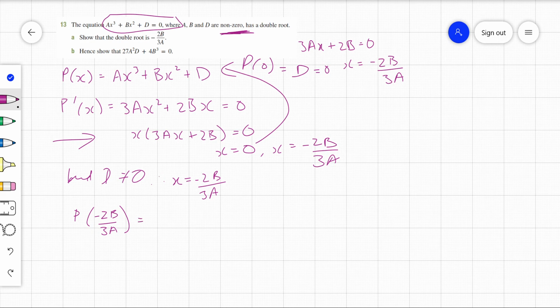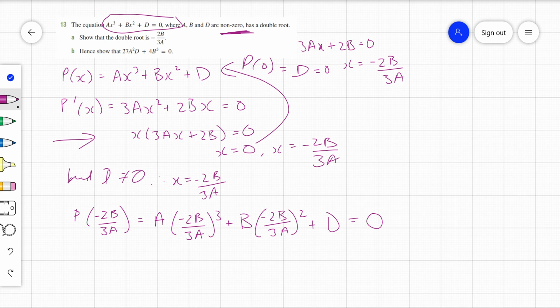So let's make it work here. So we've got a times this all cubed, plus b times this all squared, plus d, and that has to equal 0. Okay, so let's make it equal to 0.